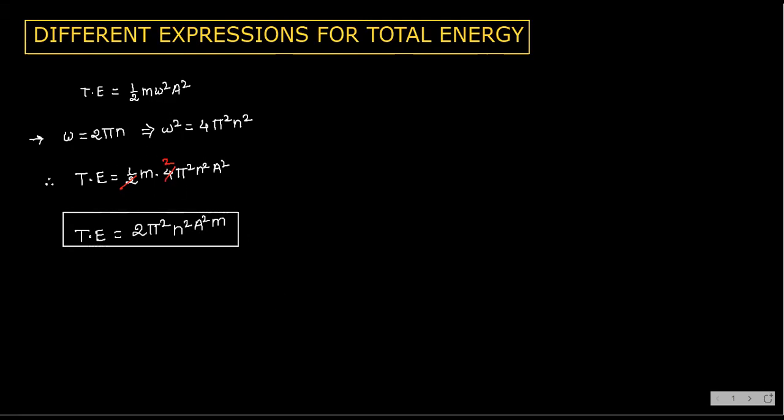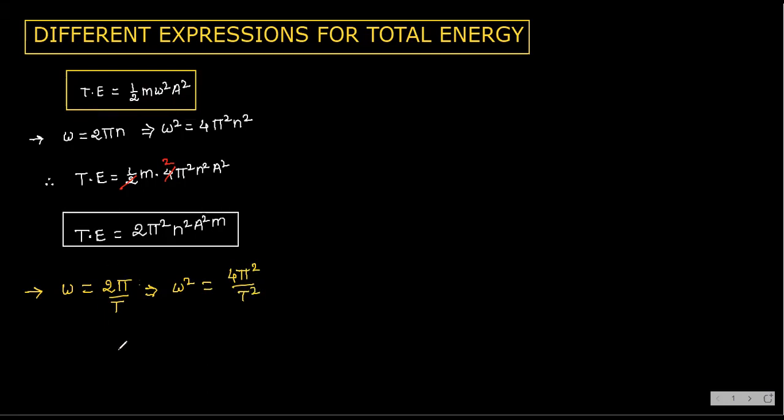Now again in the same original formula, E is equal to half m omega square a square. For the next one, as we know, omega is equal to 2 pi by T, so omega square is equal to 4 pi square by T square.